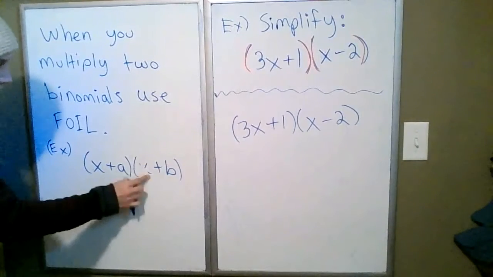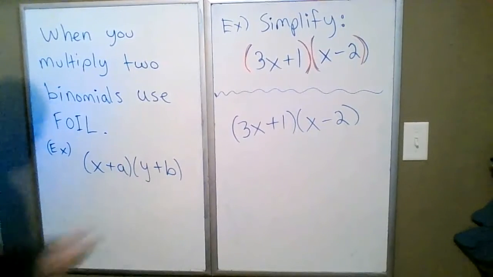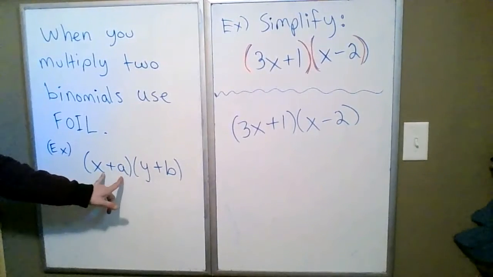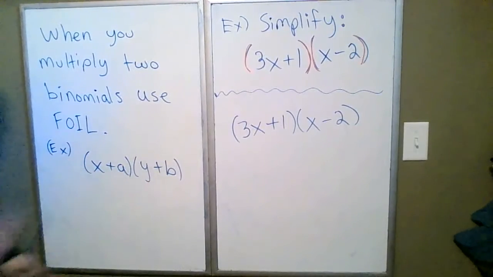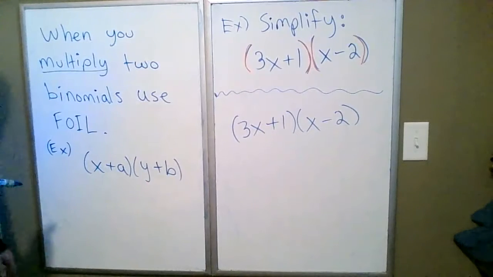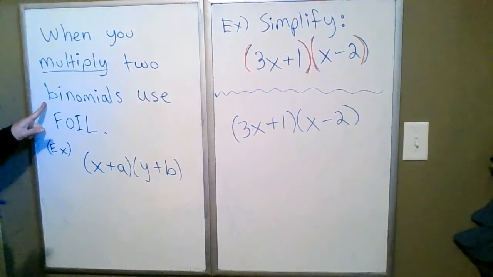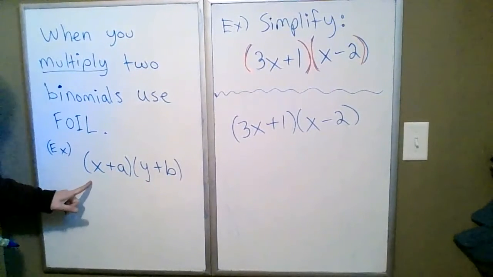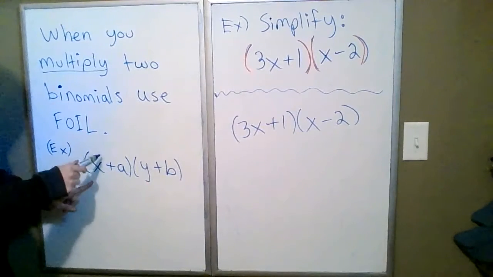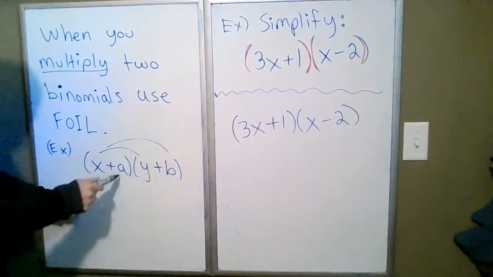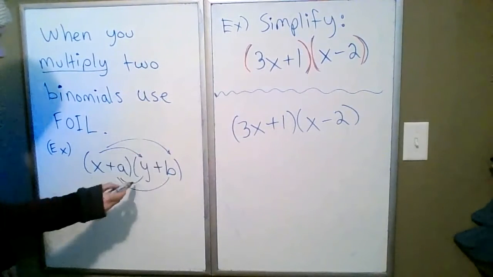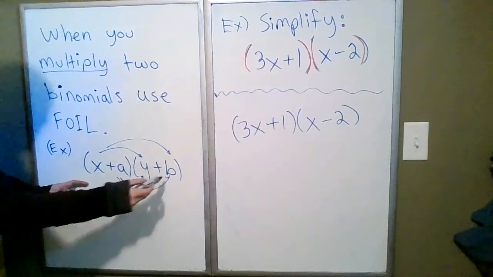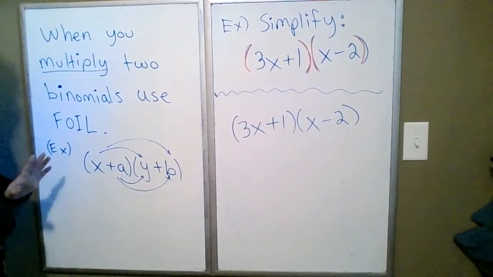Let's maybe have a y right here. Two-term polynomial multiplied with another two-term polynomial. So you have to see multiplication between two binomials, polynomials that have two terms. And then you do the first, outside, inside, last. After doing one example with FOILing, we're going to move on to this square.